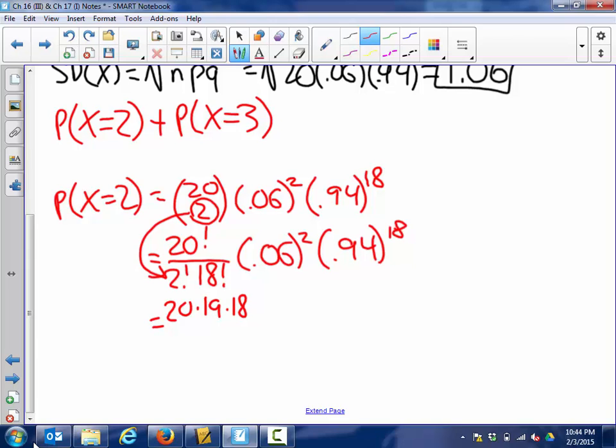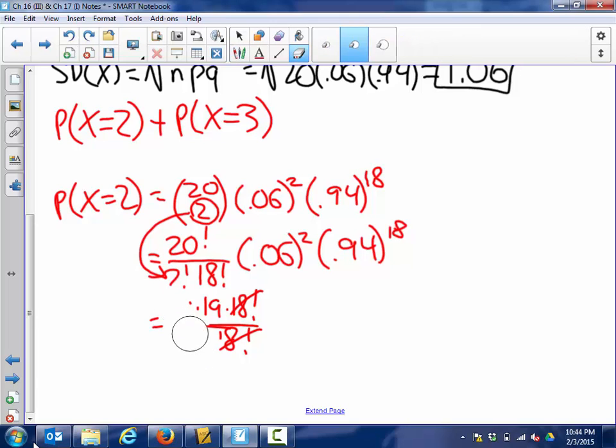So this is 20 times 19 times 18, and then you could keep going times 17 times 16 times 15, etc. But it's 20 times 19 times 18 factorial over 2 factorial times 18 factorial. You see the same thing on top and on bottom, so let's cancel that out. 2 factorial is just 2 times 1, which is just 2.